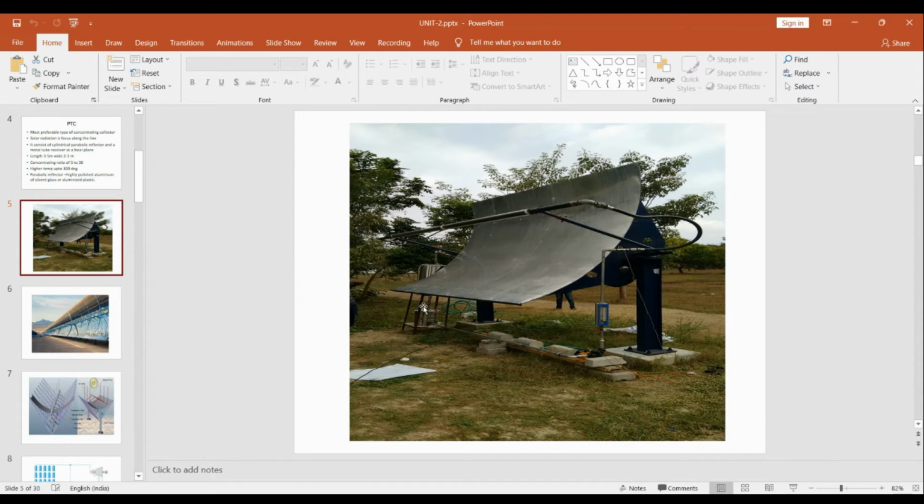Then this is the storage unit. Here they have used a PCM based storage unit. PCM means phase changing material. The most commonly used phase changing material is wax. So this is a storage unit.